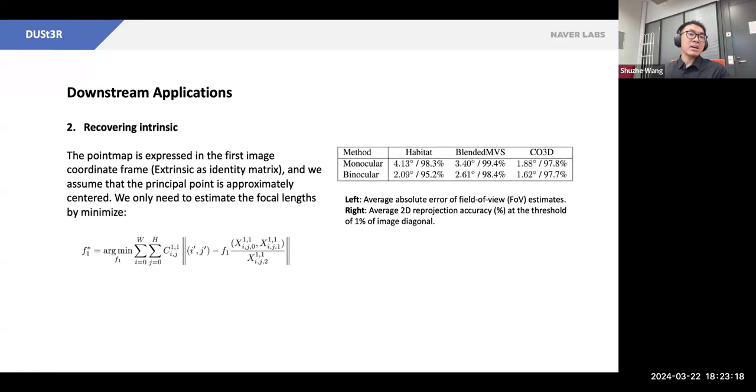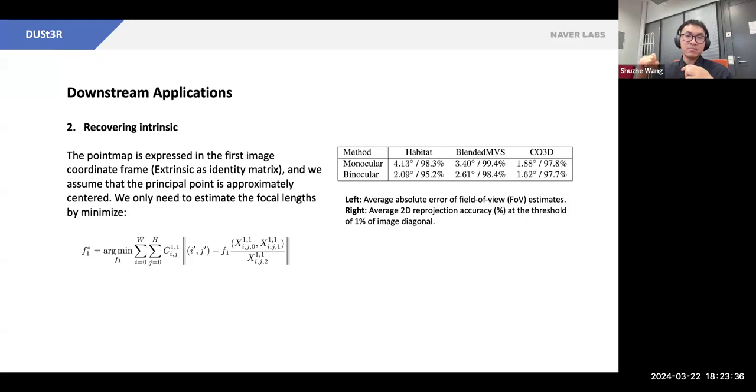And the other application is about recovering the camera intrinsics. Since we consider the first view as the standard reference frame, the extrinsic is the identity matrix.